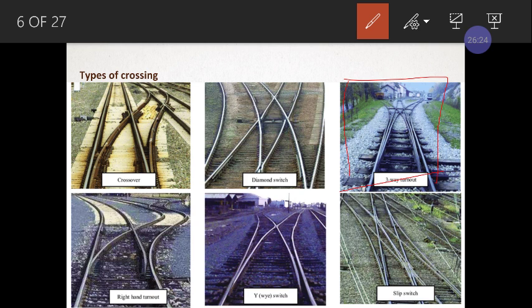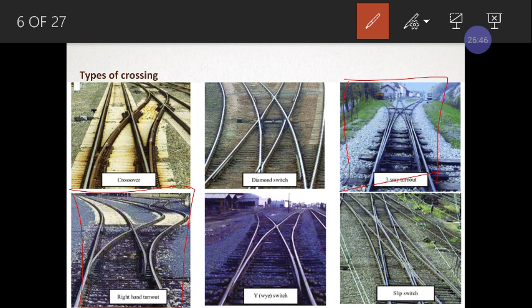And the next one is the fourth one, that is the right hand turnout. As I said, when you're turning from the main track to the branch track in the right direction, on the right hand side, then that turnout is called a right hand crossing.